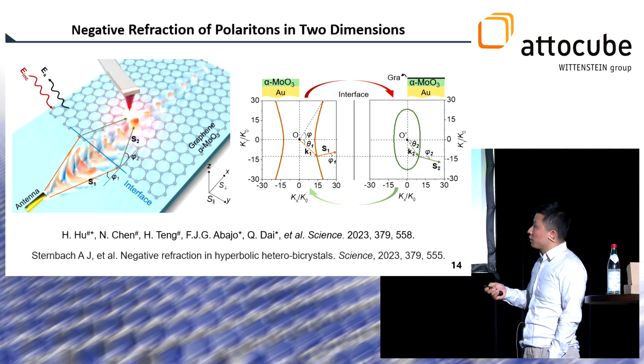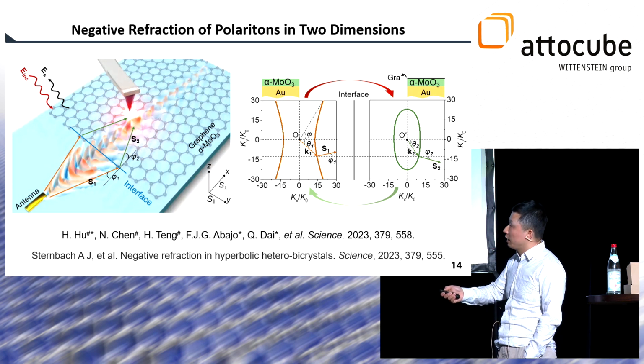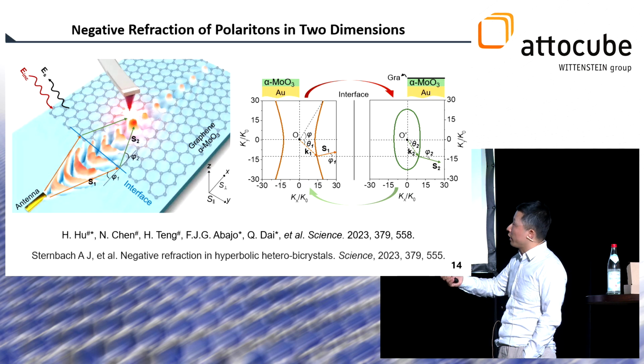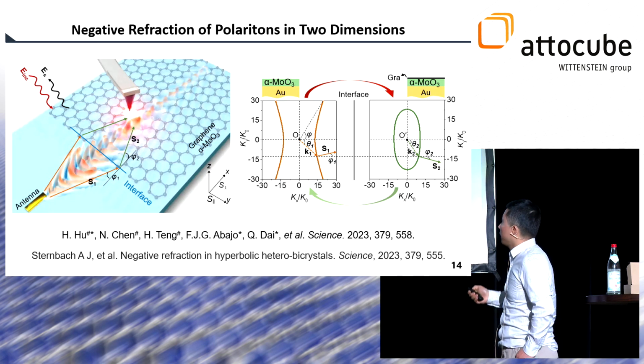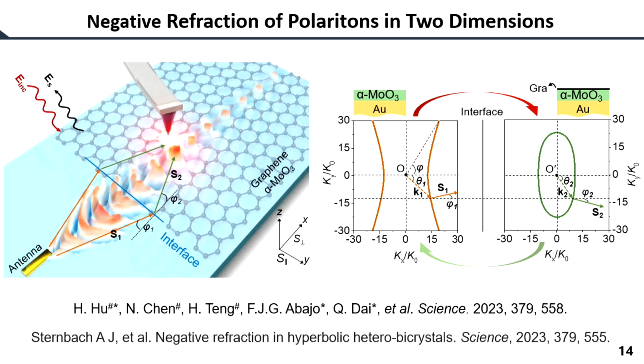But just half of the MoO3 has been covered by the graphene, right? So we also use the antenna to launch the hyperbolic polariton when it goes through the interface. It's the graphene edge, okay, to the right part, and this is the topological part, and this mode can be changed, right?